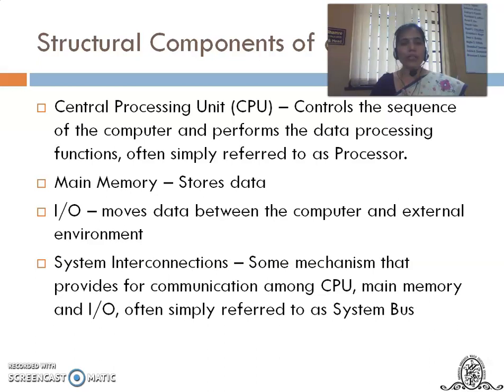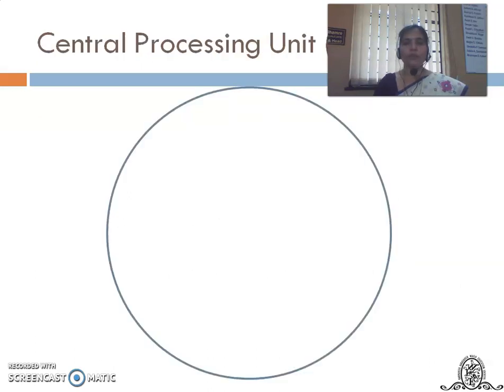And the system bus, as we said, or system interconnections, it is some mechanism which allows communication between the CPU, the memory, or the I/O devices. And it is therefore simply referred to as the system bus. A bus is like an entity which will carry the data from one place to the other.